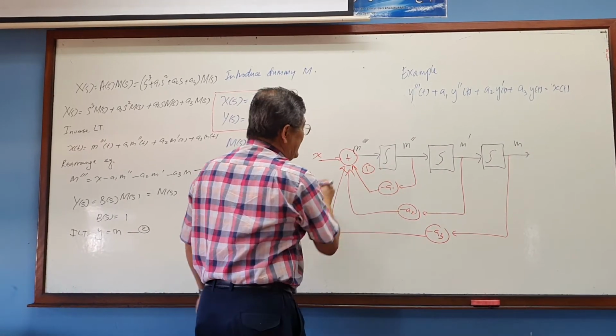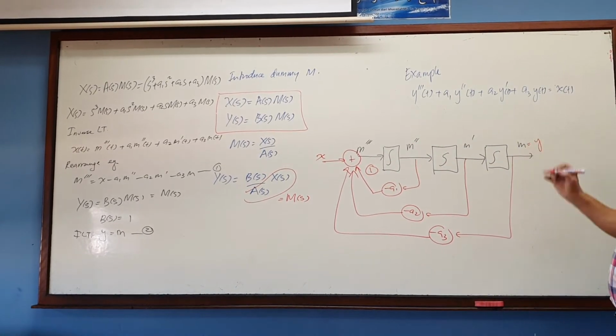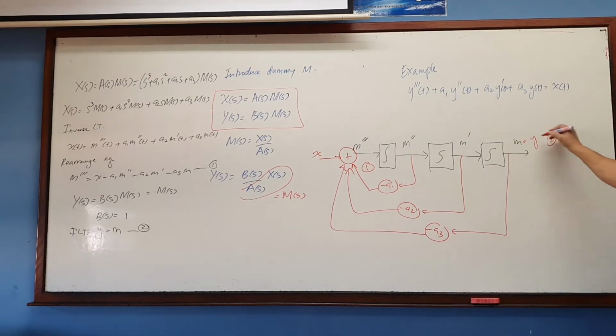So this one is basically the first equation, and the second equation is y equal to m.